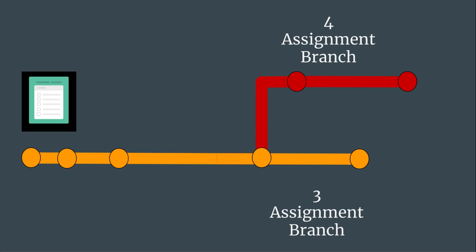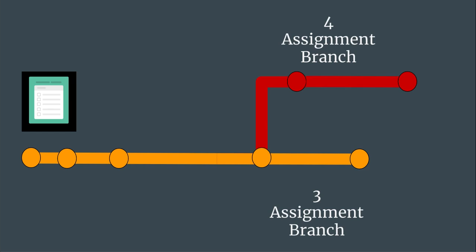The 4th assignment branch becomes its own thing. People can work on that, make edits, change the rubrics, correct misspellings, and whatever needs to be done. And we can have edits in that 4th assignment branch. And life goes on merrily with Git basically keeping the project in 2 states.